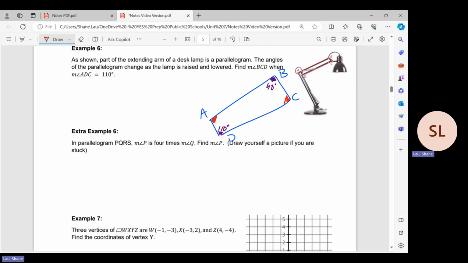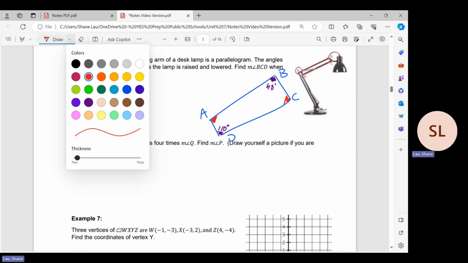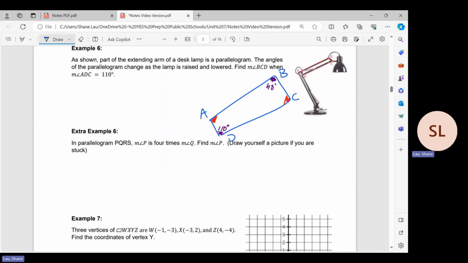So instead, we're going to use theorem 7.5 to our advantage. We know that opposite angles, the ones that do not touch each other, are congruent, and we said that consecutive angles are supplementary. So if D and C are consecutive, which they are, then they're going to be equal to 180 degrees.